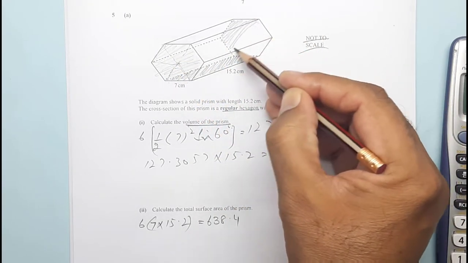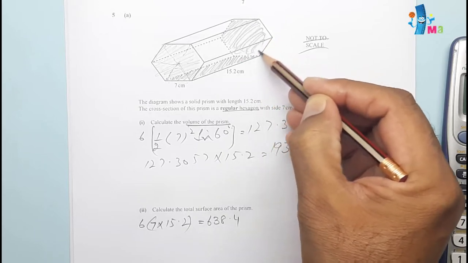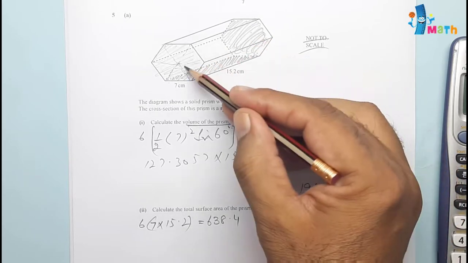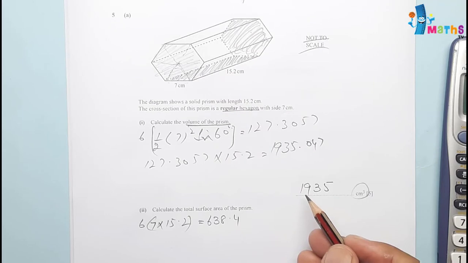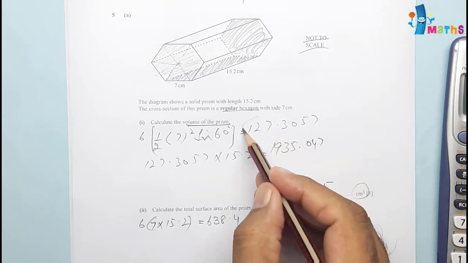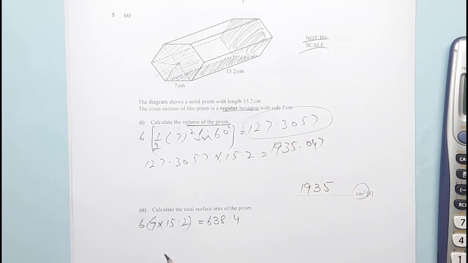These 2 sides have the same area, which we have already calculated. So 127 is the facing area which we have calculated.